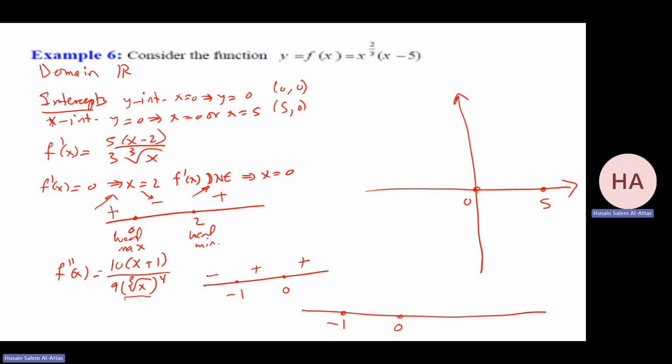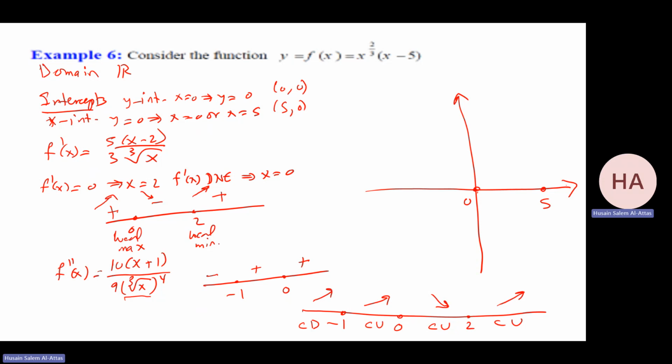Minus 1, 0, 2. That will be increasing, increasing, then decreasing, then increasing. This one is concave down, then concave up, concave up, concave up. Something like that.